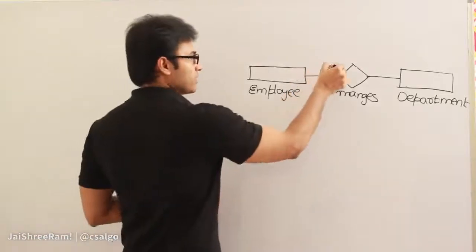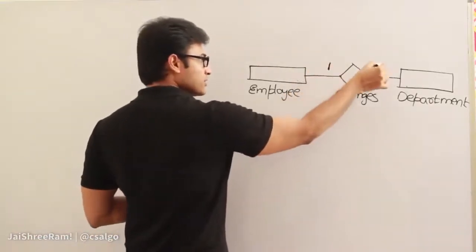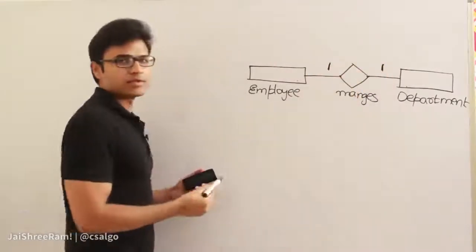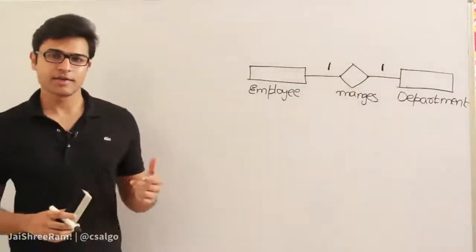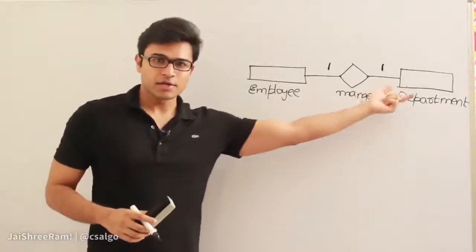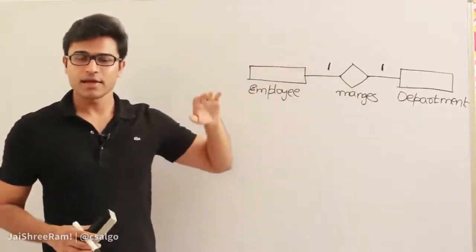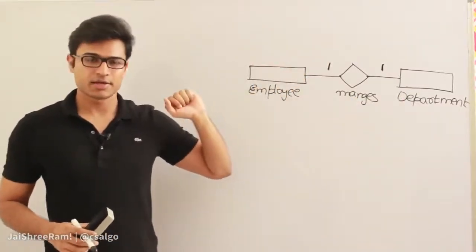One to one. The reason is, according to the rules defined, the semantics of this database from the requirement analysis, an employee can manage only one department, and every department has to be managed by exactly one employee, and every department should have the manager, right?